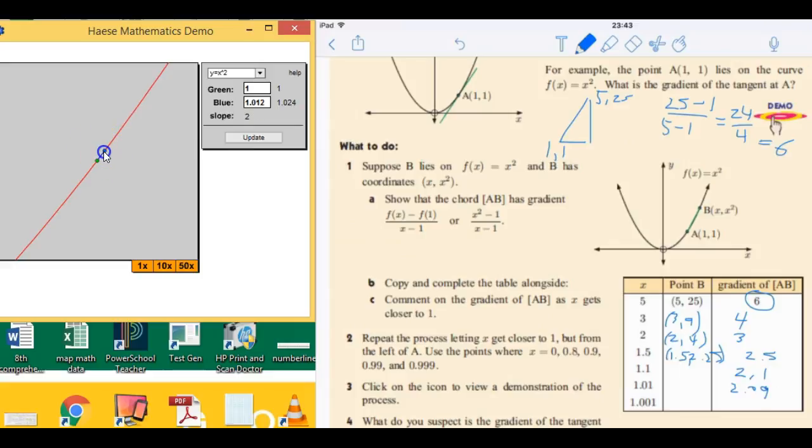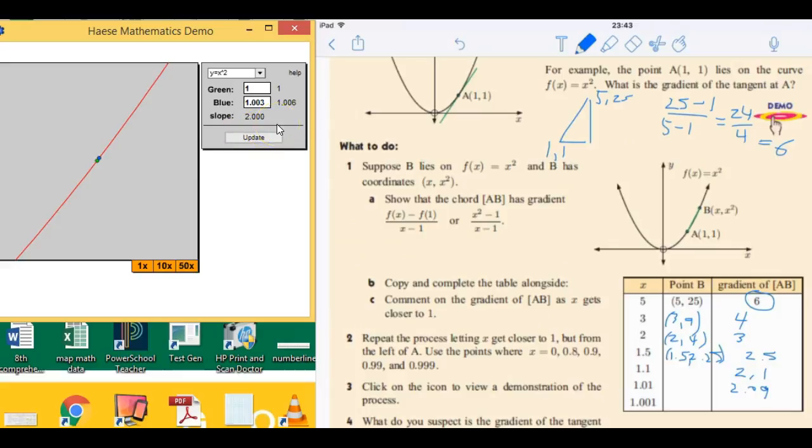Now about 1.001. I don't even think I can do that. Oh, no, too close. The slope is undefined. What's the y undefined? Because it's 0 divided by 0. 1.003. Look, it's already at 2.